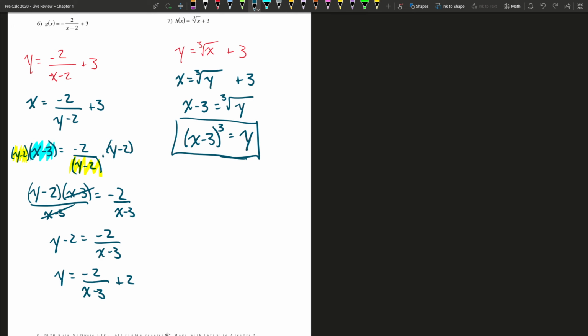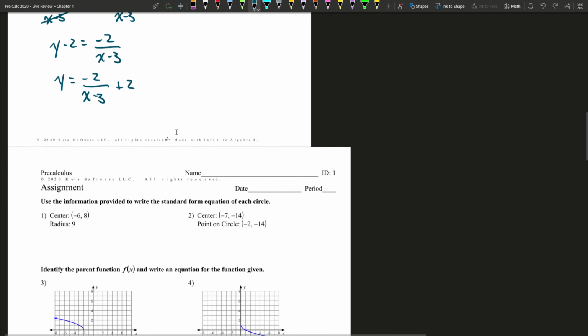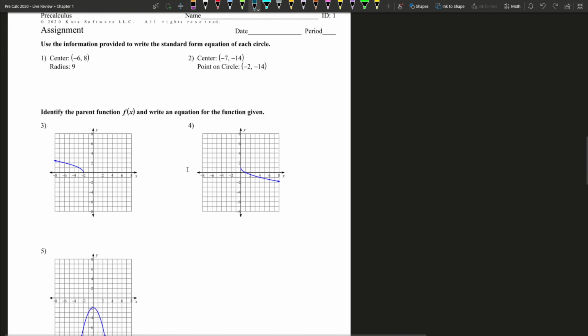Okay, again, if we need to do more of those, we can. But let's kind of get through the rest of this practice quiz, and we'll come back to what we need here in a minute. All right, so this next part has to do with circles, parent functions, and then function composition.